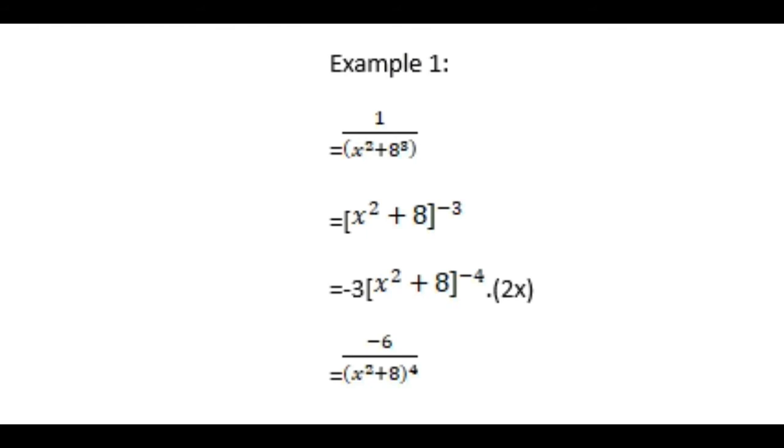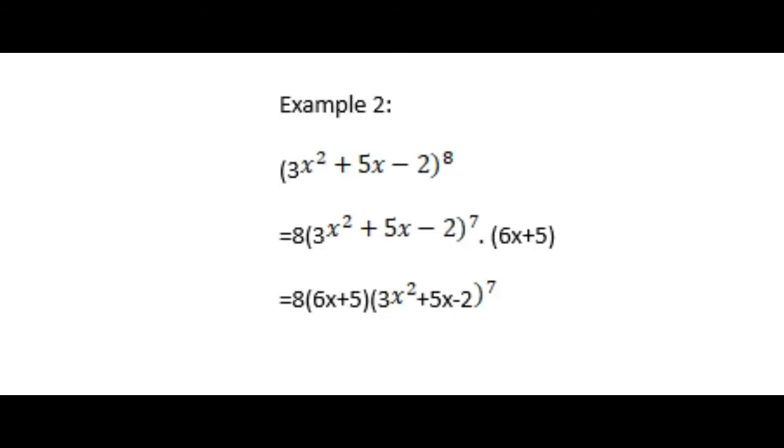Then negative 3 times 2, you will multiply it and it will become negative 6x. Then the x squared plus 8 raised to the power of negative 4 will be the denominator. And the final answer was negative 6x over the quantity of x squared plus 8 raised to the power of 4.